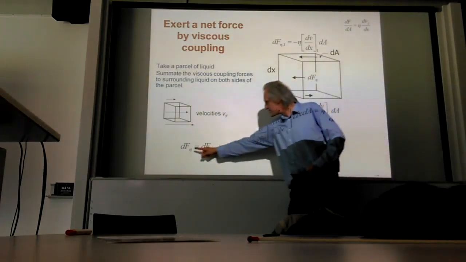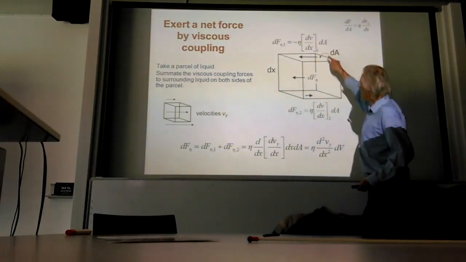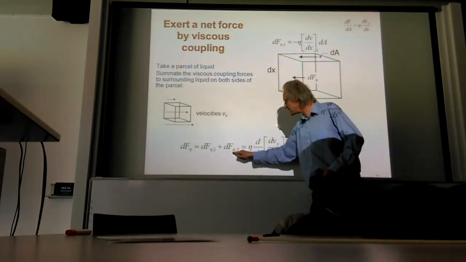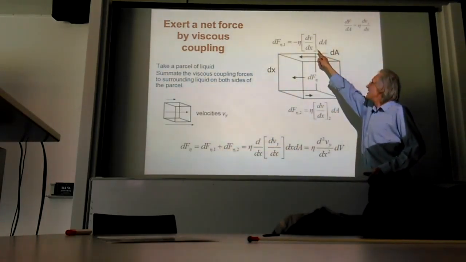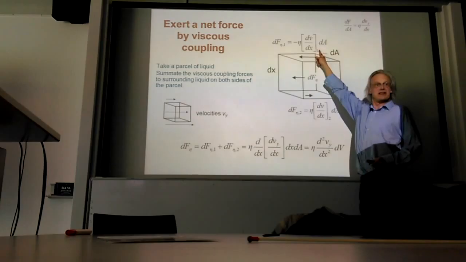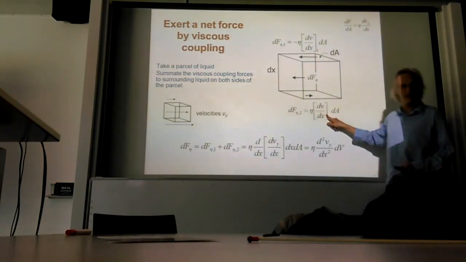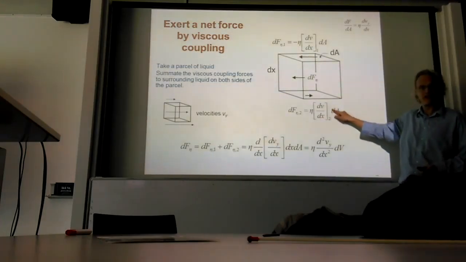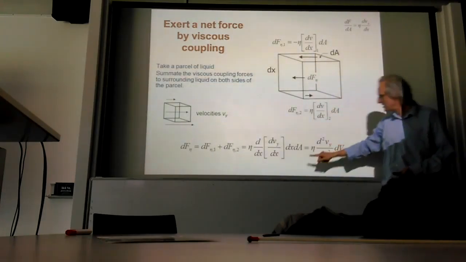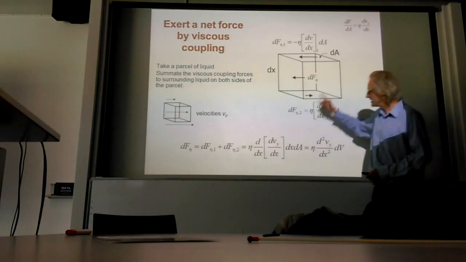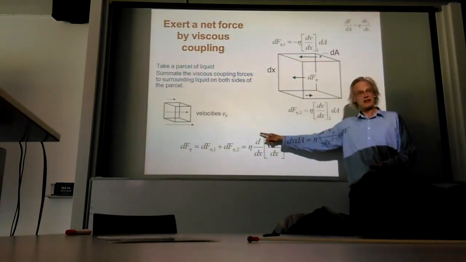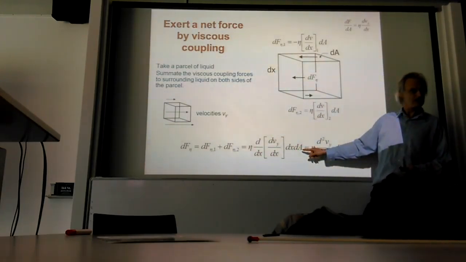then our resulting force is the summation of the two forces. Now the top one was equal to the viscosity times the velocity gradient at the top. The bottom one is equal to the viscosity times the velocity gradient at the bottom. So what I will have is the viscosity times the gradient of the velocity gradient.